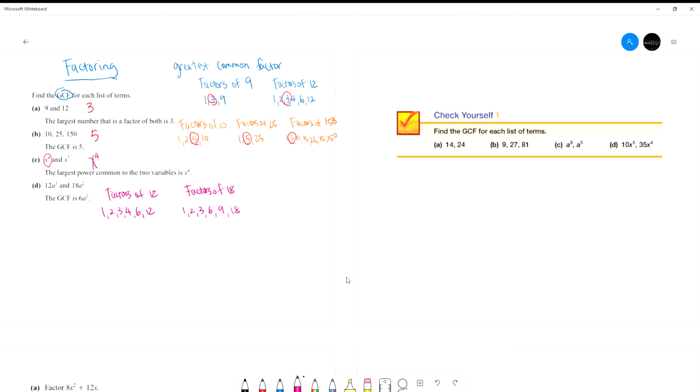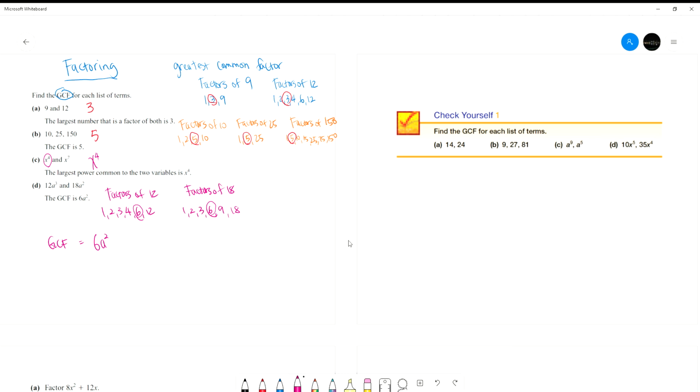Right? So what's the greatest common factor for 12 and 18? 6. Right? So now you look at your variables, a cubed and a squared. We know that the smaller of the two is the GCF, right? So that's why 6a squared is the GCF. Any questions?